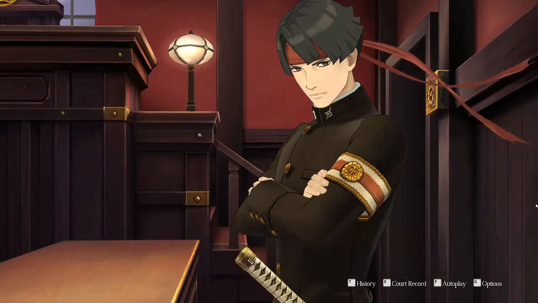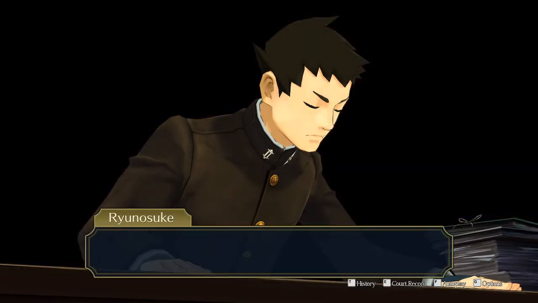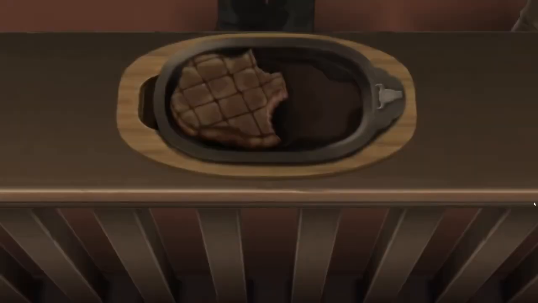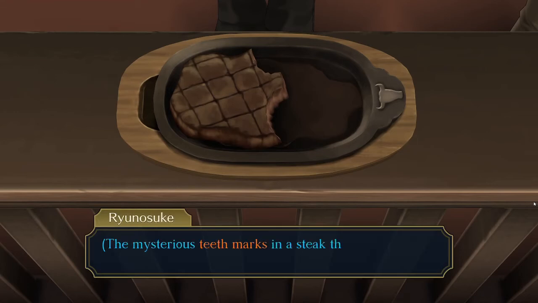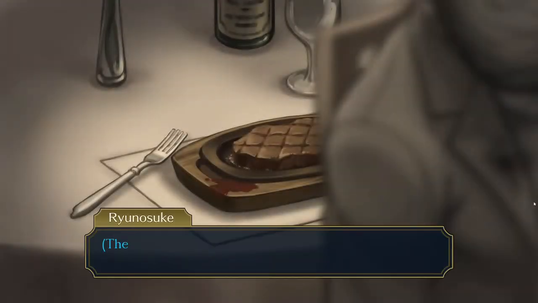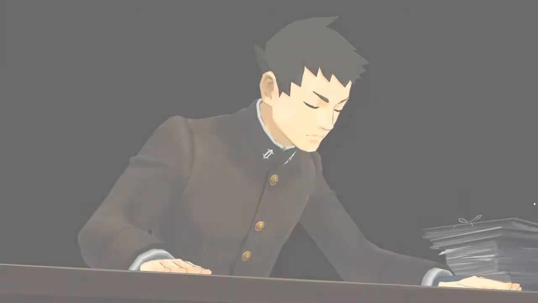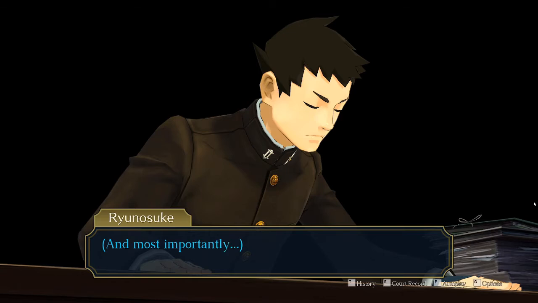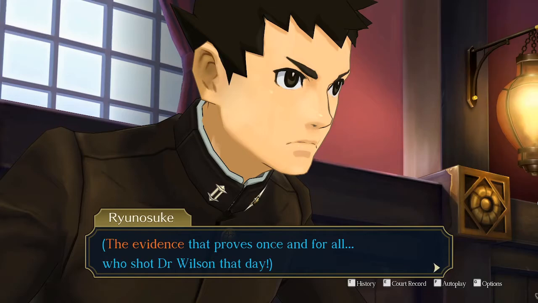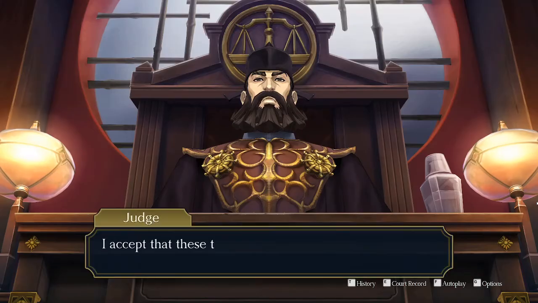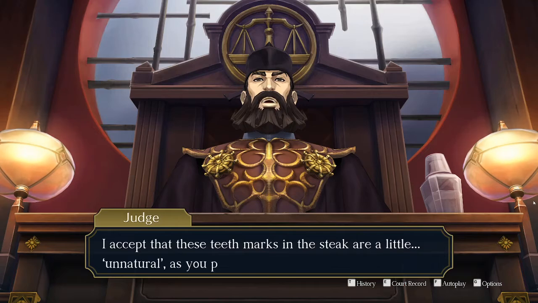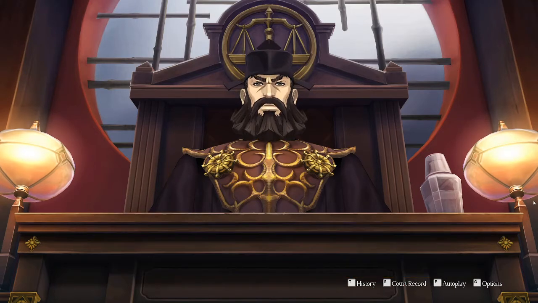Rinosuke, do you know where you're going with this? Yes, now at last it's all come together. The mysterious teeth marks in a steak that had allegedly been eaten with cutlery. The reason why the bloodstain I know I saw somehow seems to have disappeared. And most importantly, the evidence that proves once and for all who shot Dr. Wilson that day. I accept that these teeth marks on the steak are a little unnatural, as you put it, Counsel.